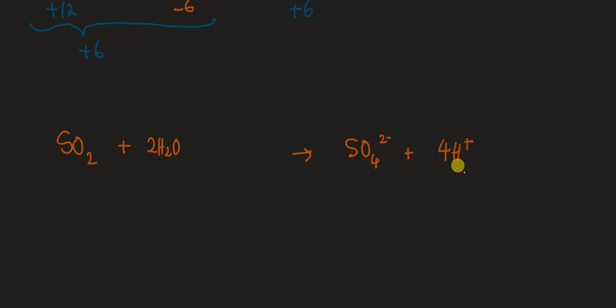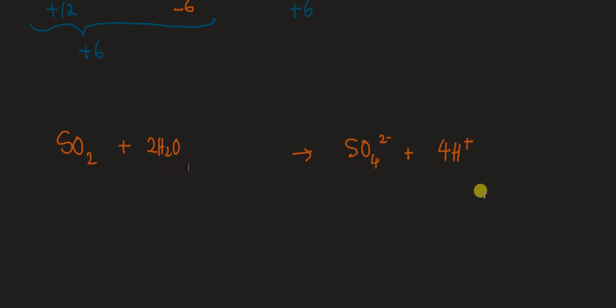So now if we review, we have balanced the sulfur, we have balanced the oxygen, 4 on the left hand side, 4 on the right hand side, and now we have balanced the hydrogen atoms.